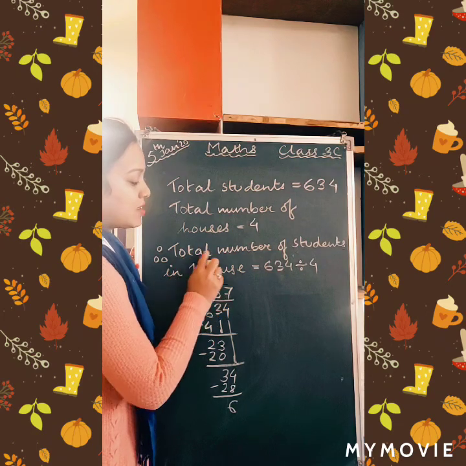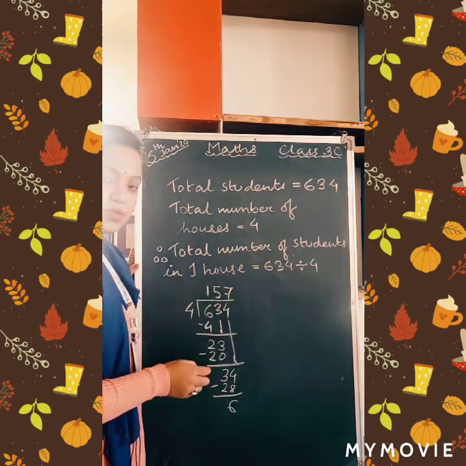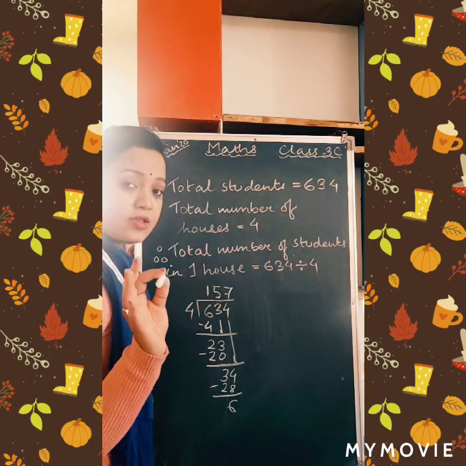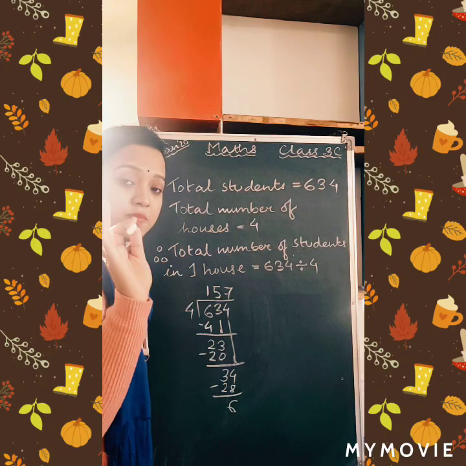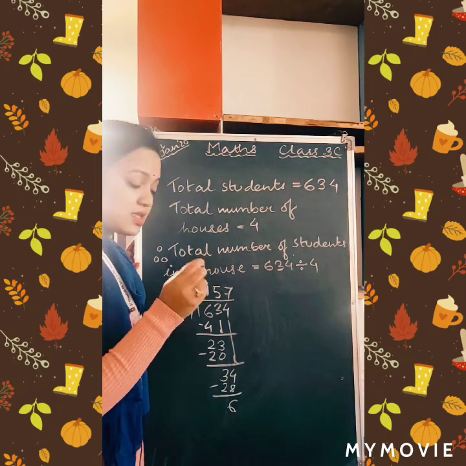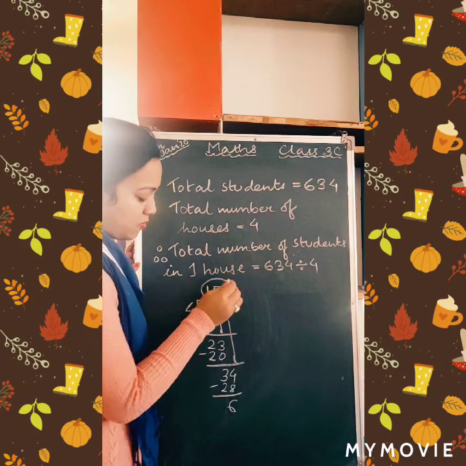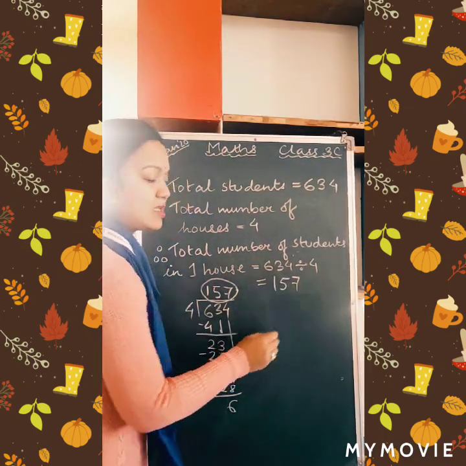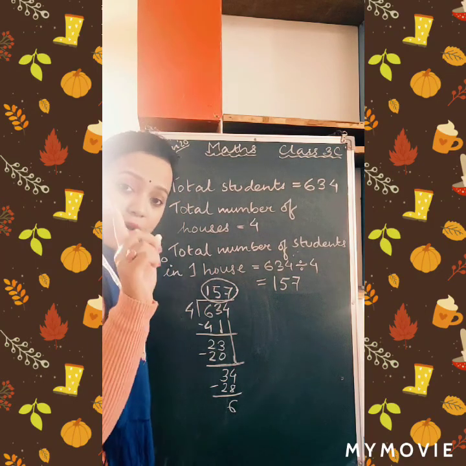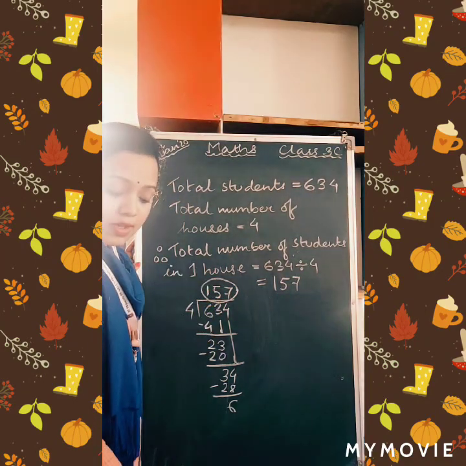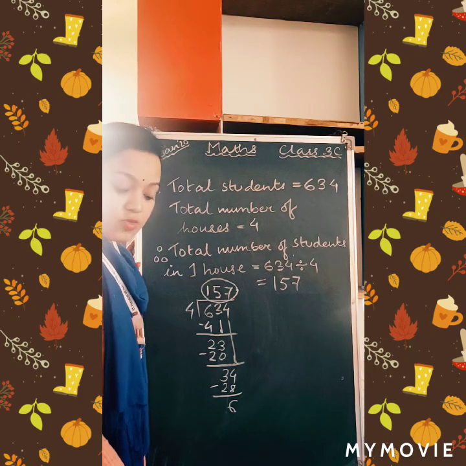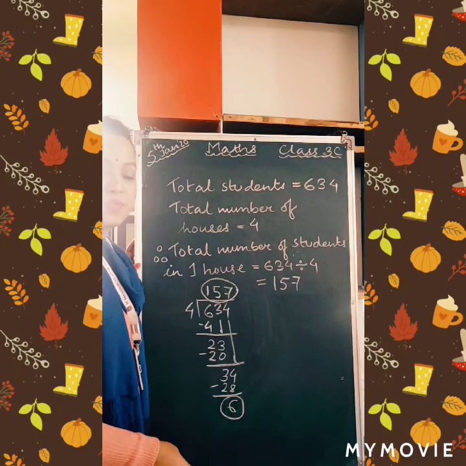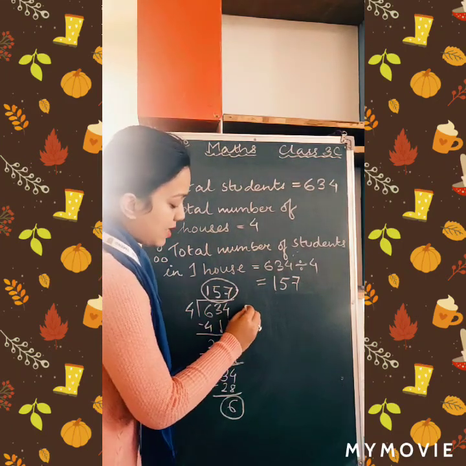Now, total number of students in one house. So this 6 is your remainder. Remainder means remaining. So these remaining students are not grouped in any house. So how many students are grouped? One group has 157 students. So 157 students are there in one house. And they have asked you one more question, no? Are there any students who are not grouped in any house? Yes. Therefore, what you will write?